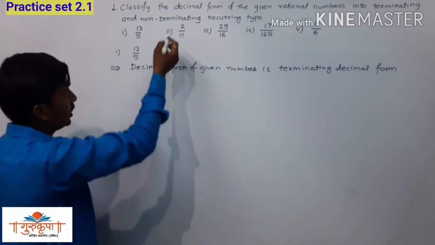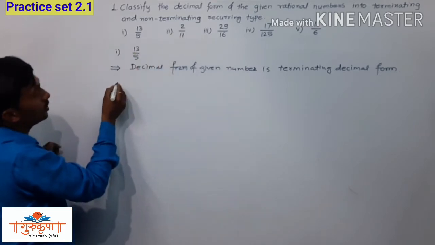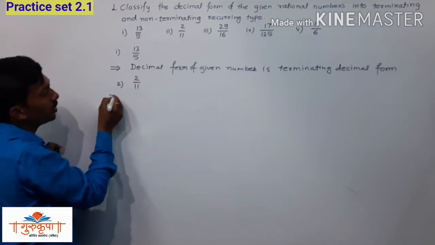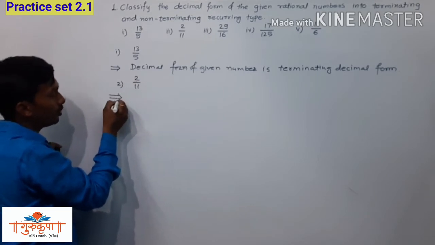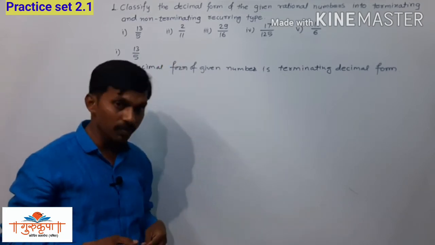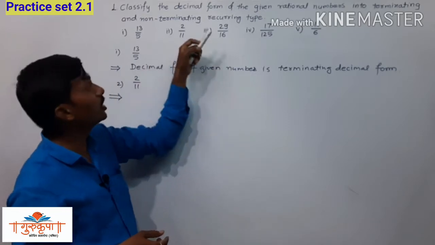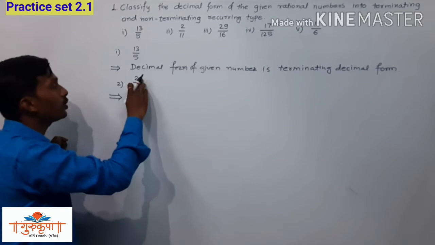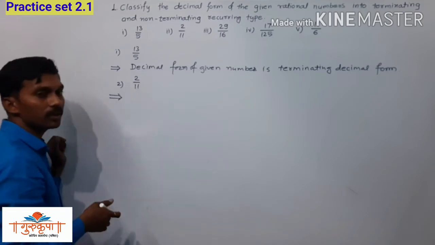Now we have the second number, that is 2 upon 11. The number is 2 upon 11, and now here we have to decide whether it is terminating decimal form or it is non-terminating recurring decimal form. So here the 2 is not totally divisible by 11.